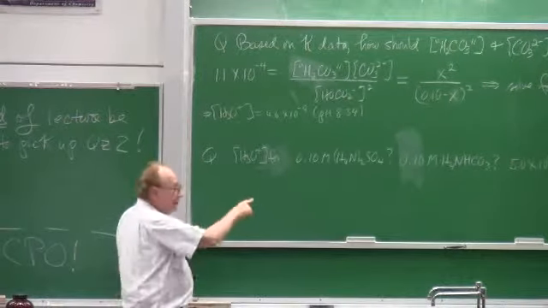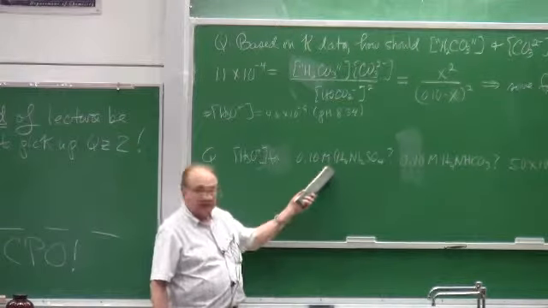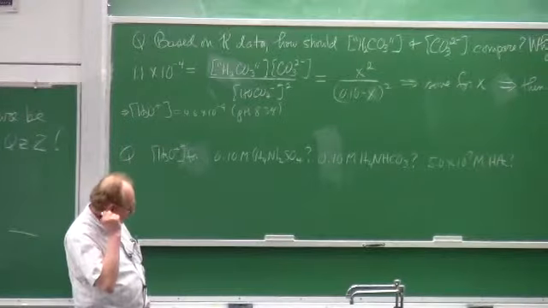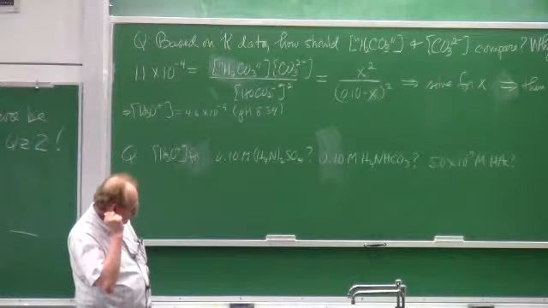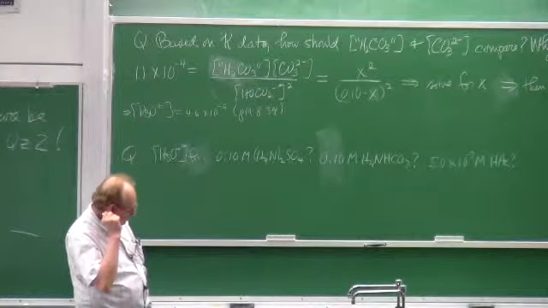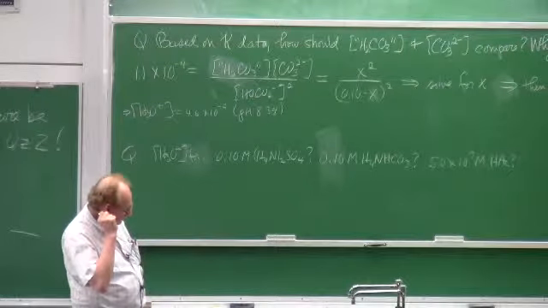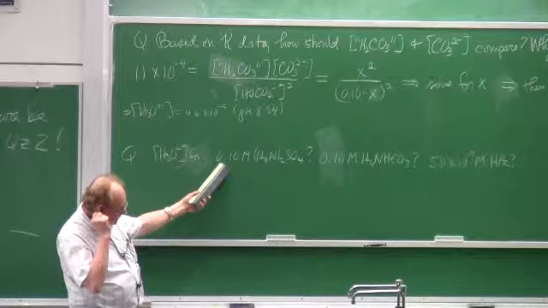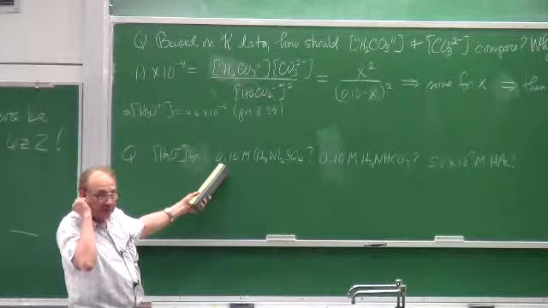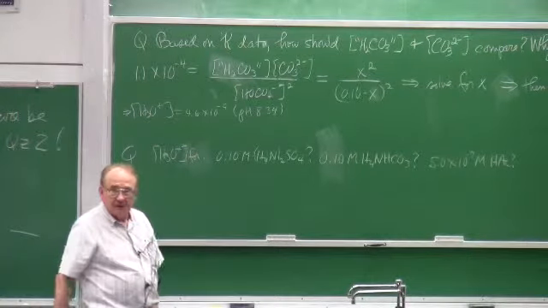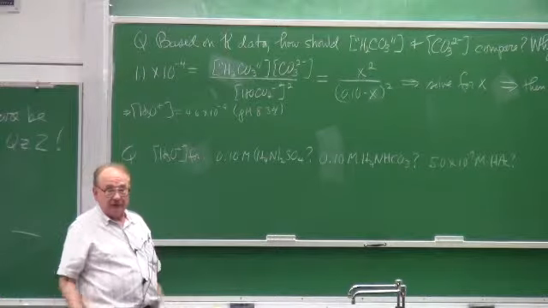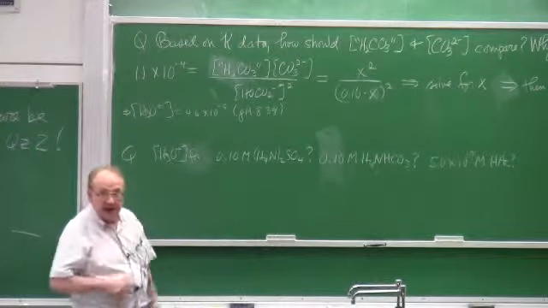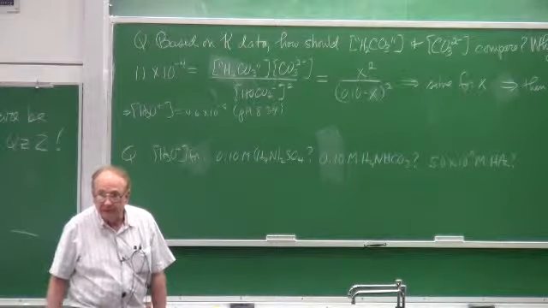But when we want to get a handle on pH for this system, what equilibria must be considered? Ammonium ion in water, because that gives you hydronium ion, and or sulfate ion in water, which gives you hydroxide ion.